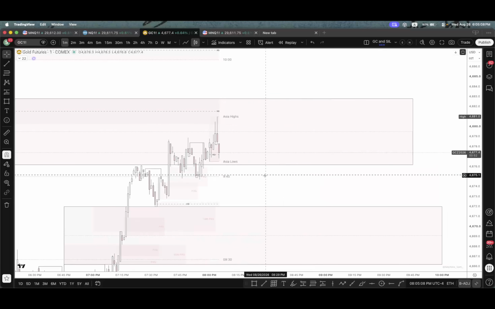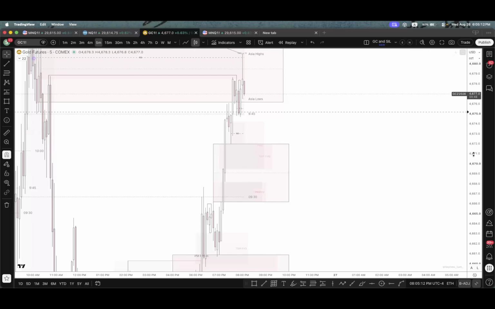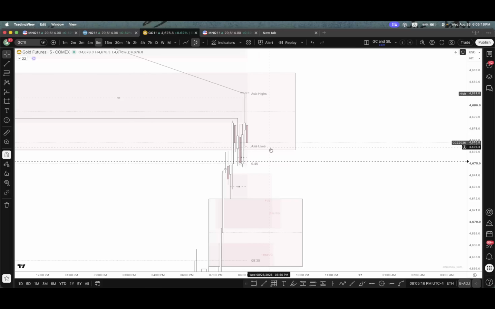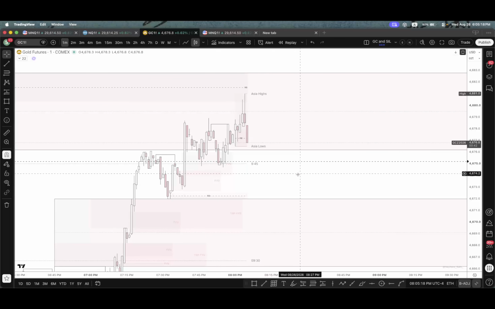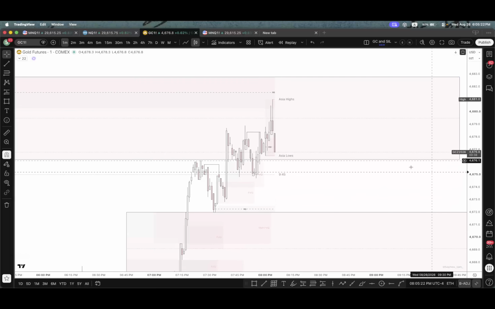Okay, we're getting pretty good displacement, but I still want to wait for this. I don't want to be too fast, right? I want to take my time with this and really think it through. So I'm kind of thinking about this, but we'll see, right?